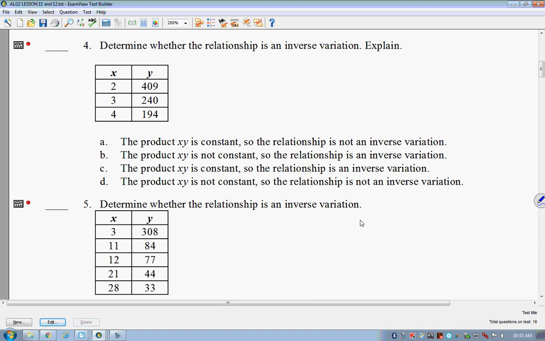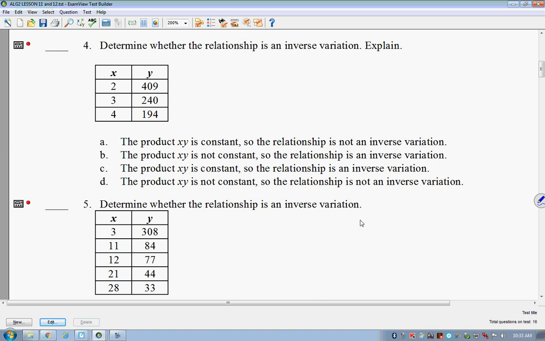If all of those had been 818, we would have said the product xy is constant, so the relationship is an inverse, and we would have picked C. But because the product xy is not constant, it's not an inverse variation. You follow me? So our answer comes out as D here.